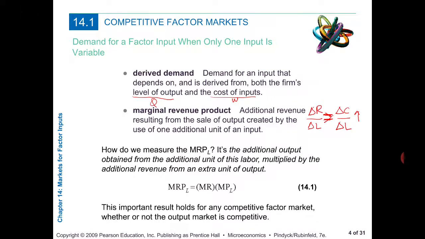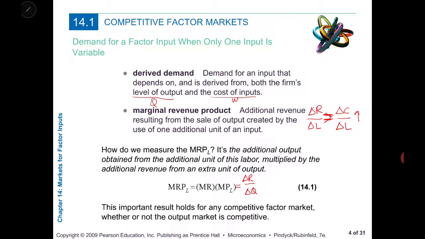Now let's look at the technical definition here. The MRP of labor is the marginal revenue, which is change in R over change in output. This is the definition of marginal revenue, right? When you sell more output, you get more revenue.